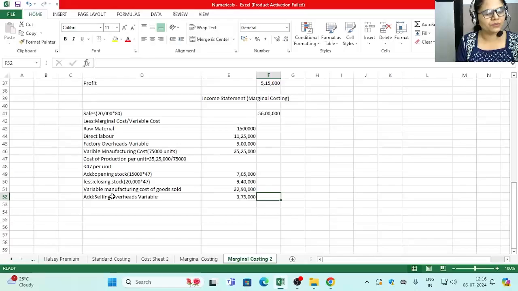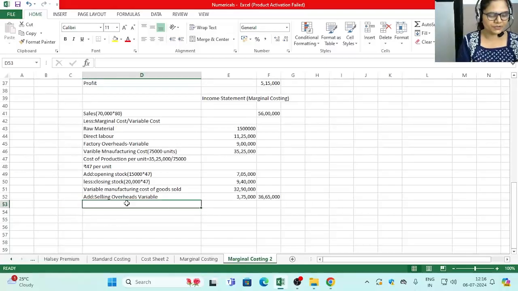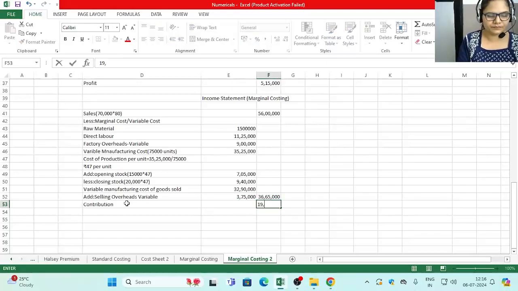After adjusting these values, you will get the value of 36,65,000. And finally, when you deduct all sort of variable cost from sales, you will get the contribution. Contribution is 19,35,000. Okay.